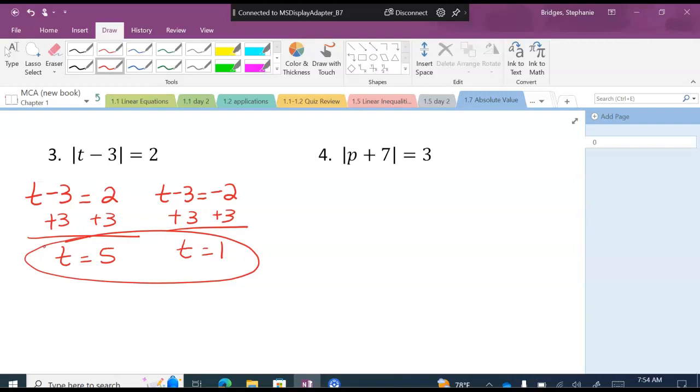Make sure your absolute value is all by itself first. Then set up your 2 equations, what is inside the absolute value bar equals the number in the problem, and then also the opposite of that number.